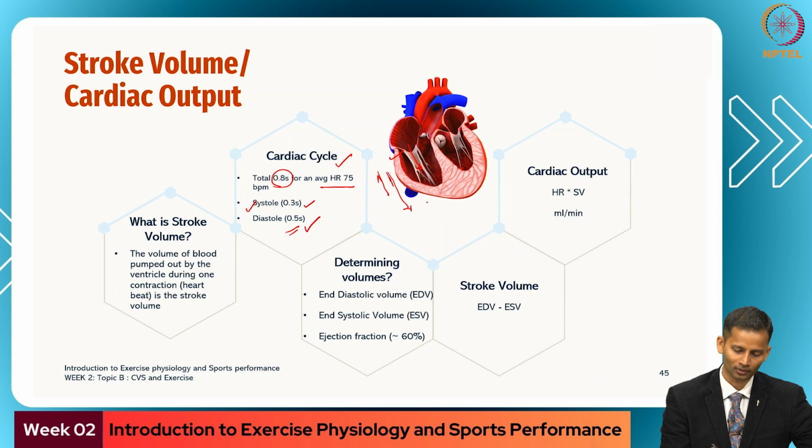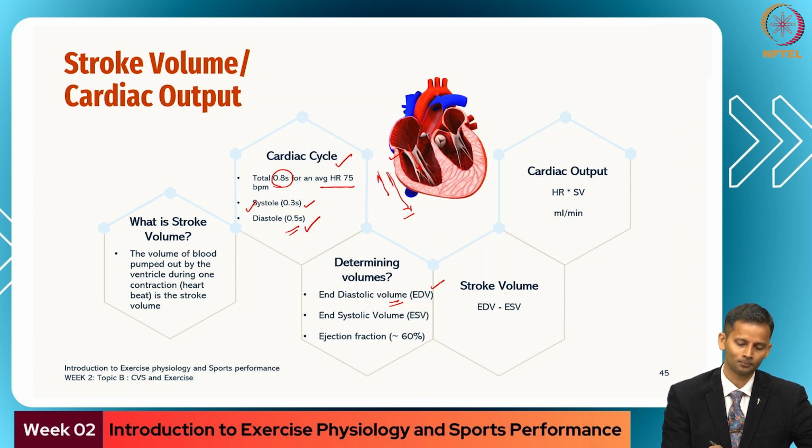The point at which the maximum diastole happens, and the volume which is there during that time, is the end diastolic volume. The volume of blood that is present in the ventricle at the end of a diastole is the end diastolic volume. The naming of the volume itself clearly gives you the definition.